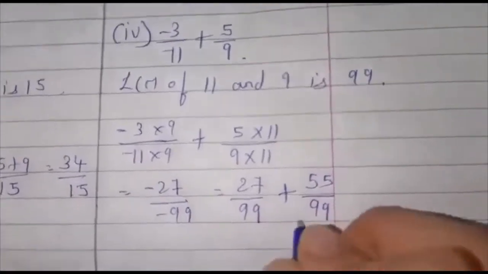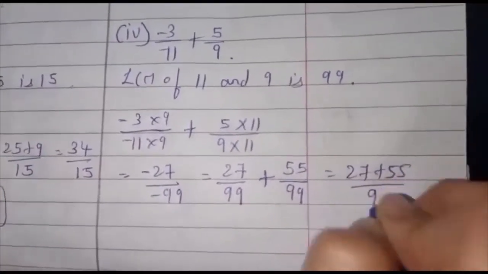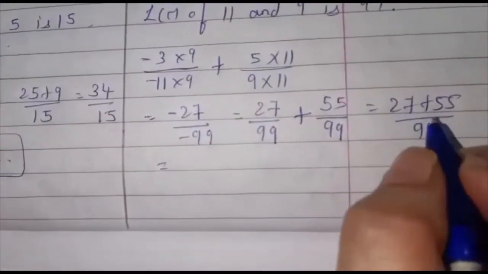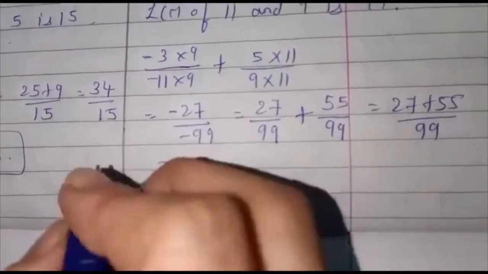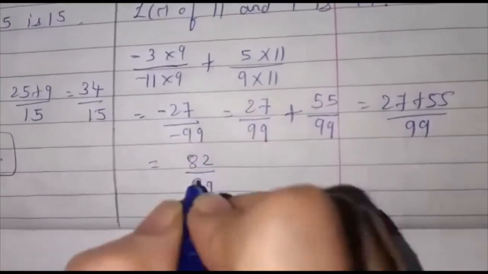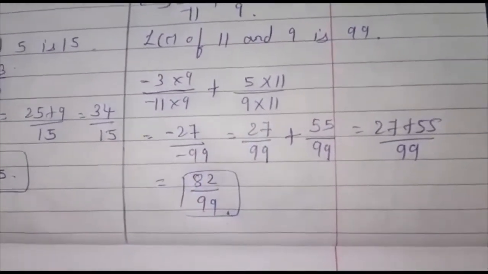Now both denominators are the same, so we can add 27 plus 55 upon 99. If we add both, we get 82 upon 99. So here also the answer is proper, 82 upon 99.